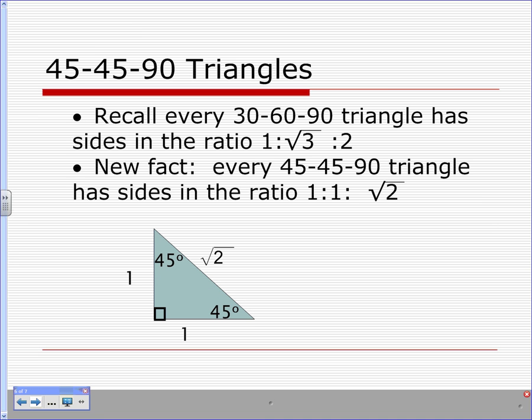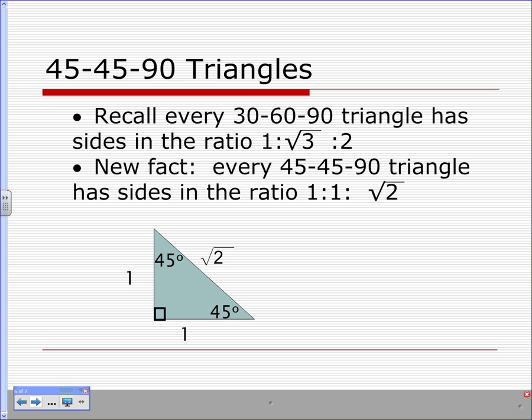And that's what it looks like. Your legs are 1. Why are they the same? The angles are the same, right? Yes, your legs are 1, your hypotenuse is square root of 2. Yes, square root of 2.